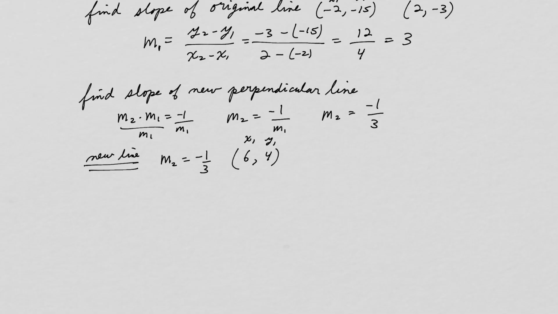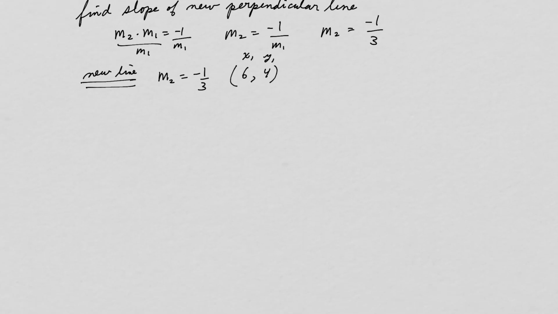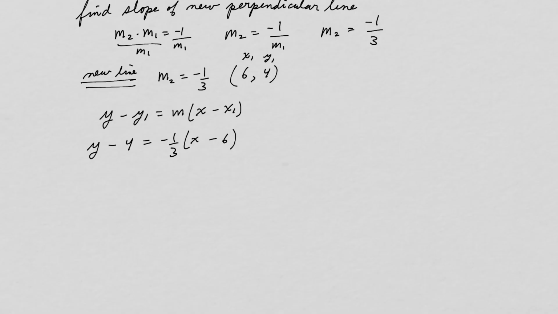So again, I'll just use the point-slope form: y minus y1 equals m times x minus x1. So I have y minus 4 equals -1/3 times (x minus 6).